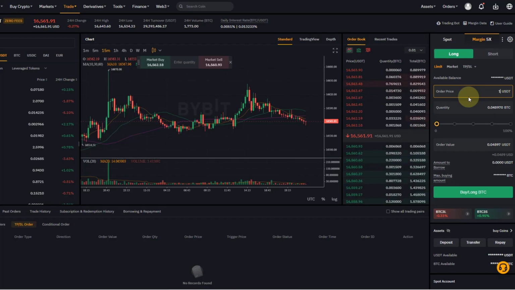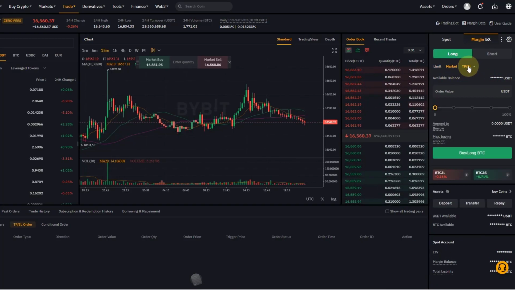So maybe I want to buy at 16,000, and then I click buy long, limit order. So it will not execute straight away. It will execute at that price. And then under TPSL, take profit stop loss, you can actually set a take profit target or a stop loss. I talked about that in one of the other Bybit tutorials.